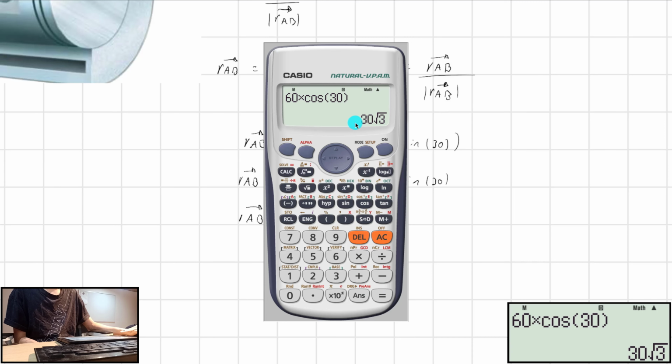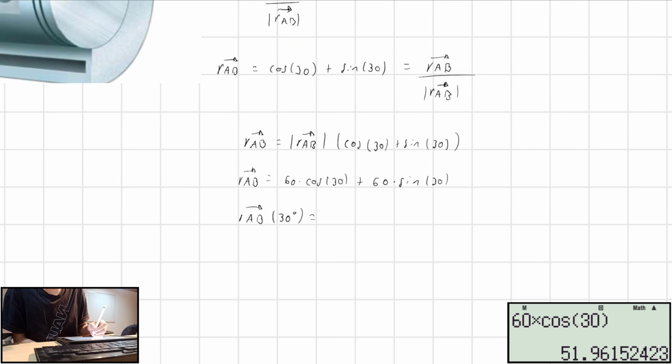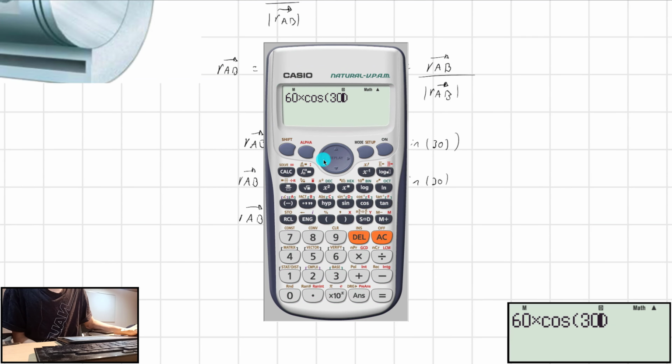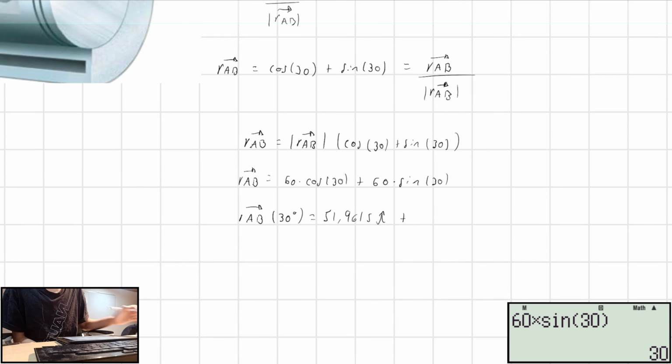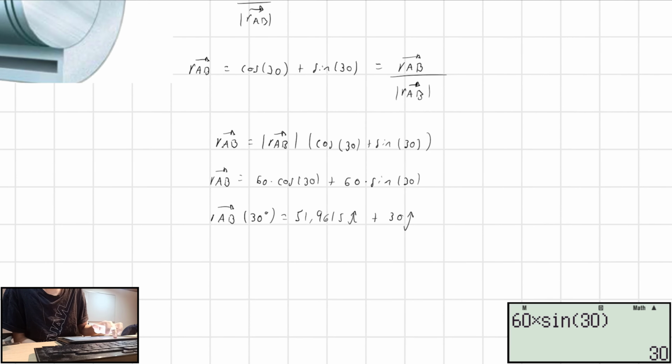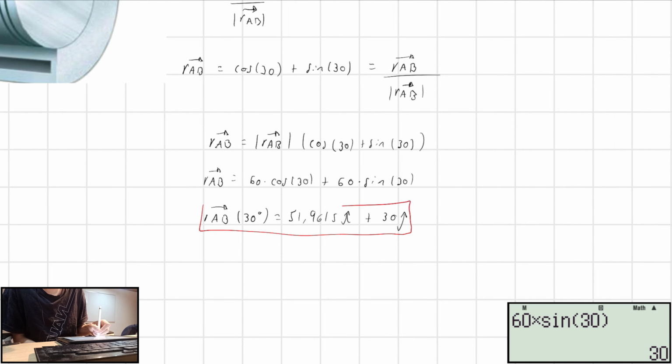So this is equal to 51.9615, I always use 4 significant digits after the comma, in the I direction, plus 30 in the J direction. Alright, here we have our first answer.